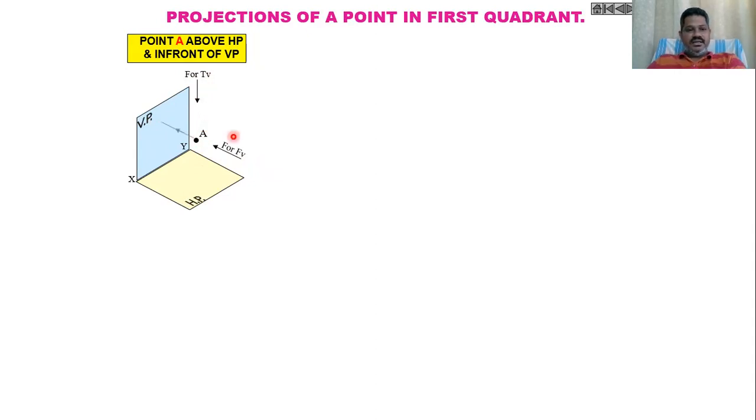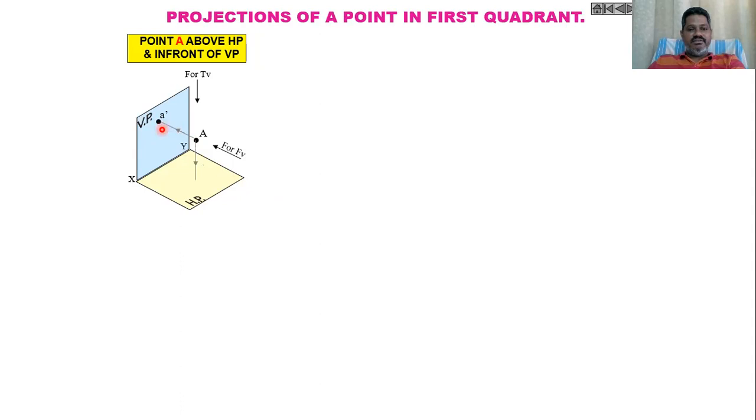Then when I project this point, when the observer is perpendicular to the vertical plane like this, the point will be projected onto the vertical plane exactly. That is A dash. This will become the front view.